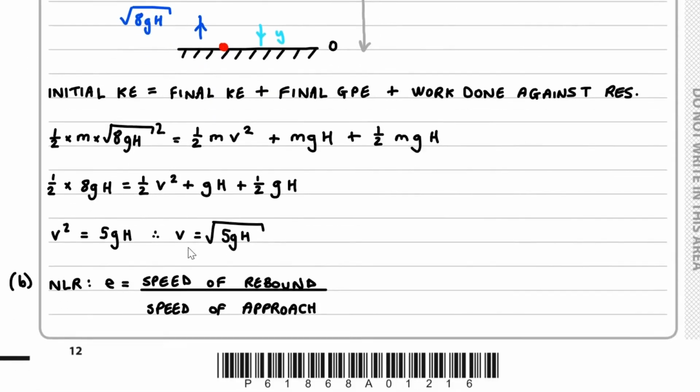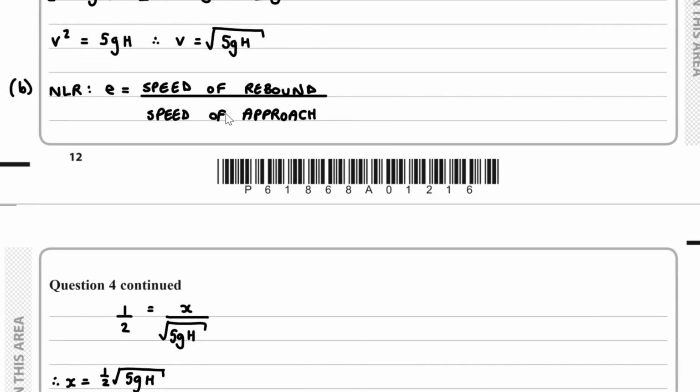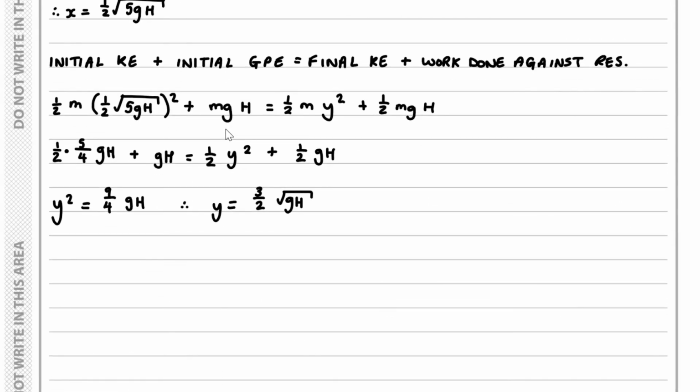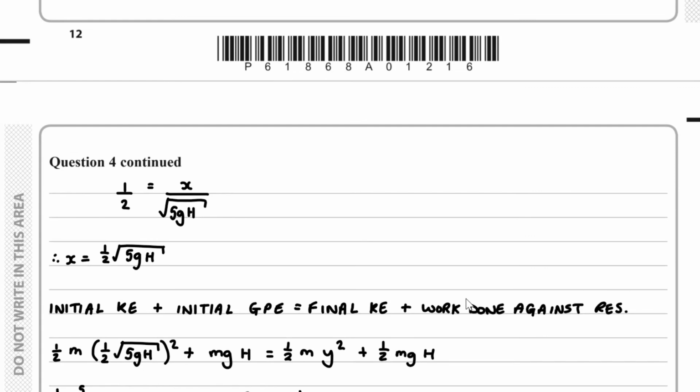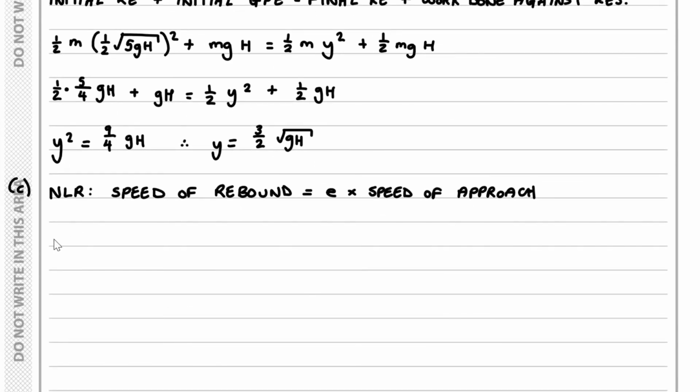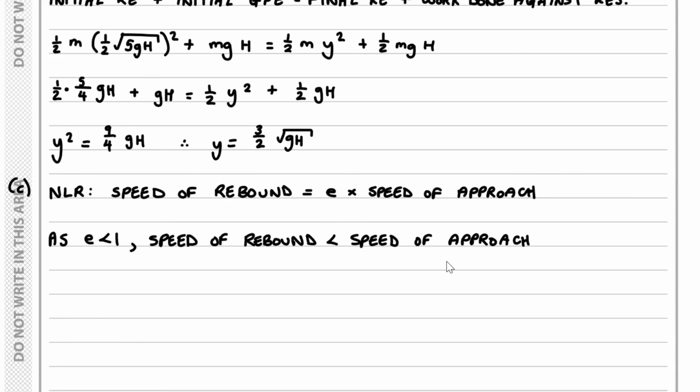Well, to do this, we can use Newton's law of restitution. You'd find over here, if we use Newton's law of restitution, the speed of rebound is equal to E multiplied by the speed of approach. Now, because over here E is less than 1, the speed of rebound will be less than the speed of approach. And that's what we see over here.